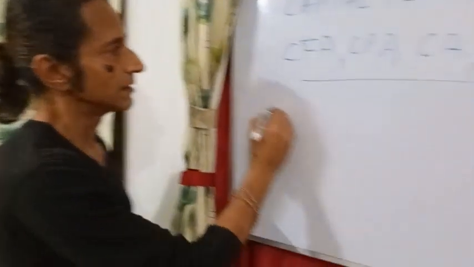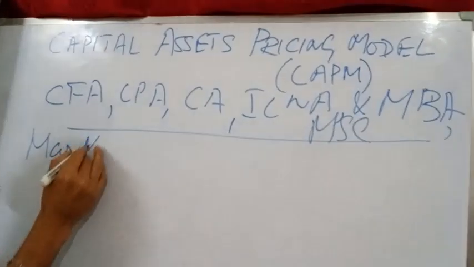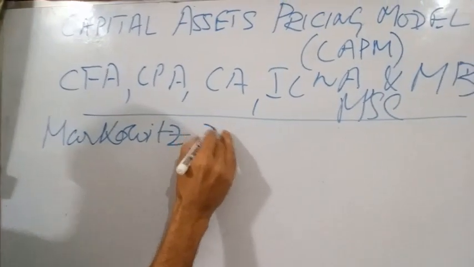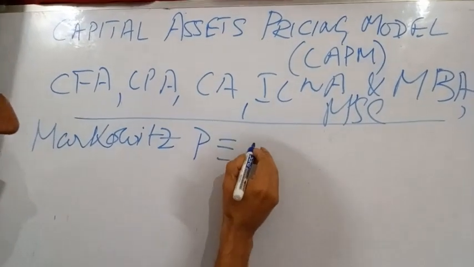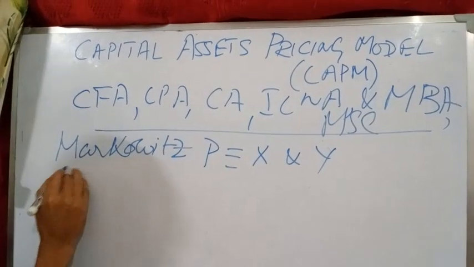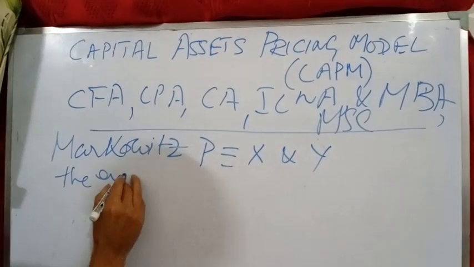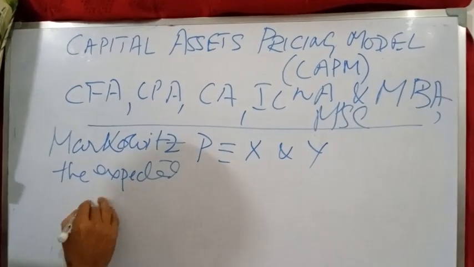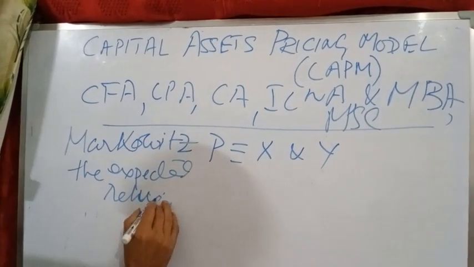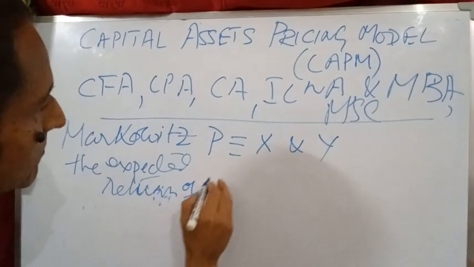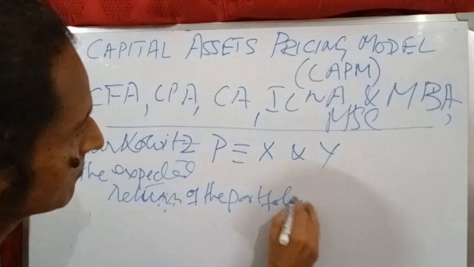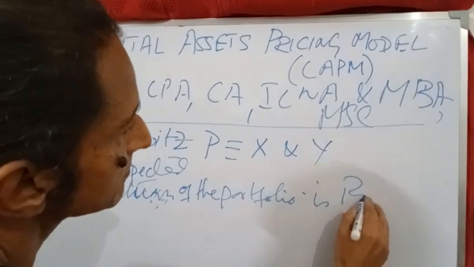Now, according to Markowitz, if a portfolio consists of two assets, say X and Y, the expected return of the portfolio is Rp.